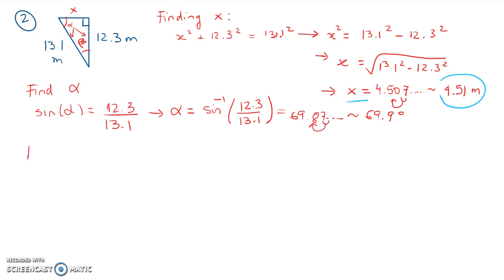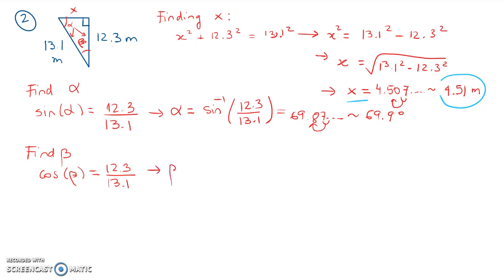We now wish to find beta. To find beta, we are going to use the side that is next to beta and the hypotenuse. So we are going to be using the cosine ratio. Cosine of beta is, adjacent to beta, we have 12.3 divided by the hypotenuse 13.1.